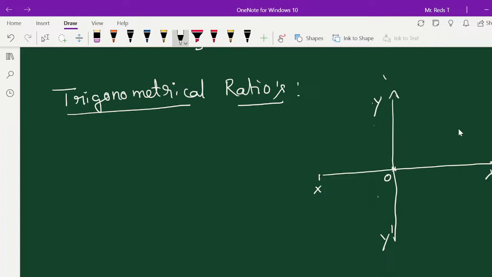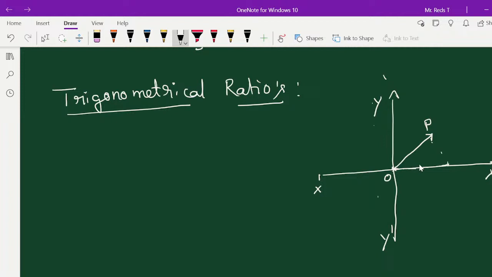In this case, consider one movable line, a rotatable or revolving line. Let us say this is a line, this is O and this end is P. We have moved from here to somewhere, so the other end of the line is marked as P, with an arrow.